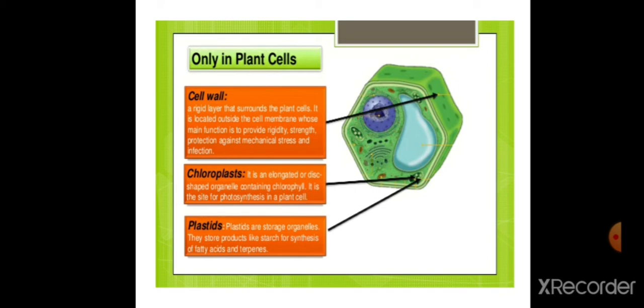So this glucose is converted into starch. Starch is nothing but a long chain of glucose molecules. When you join many glucose molecules together, you get starch. So when glucose is not required, it is converted into starch and stored. And where is it stored? It is stored in an organelle called the plastid.